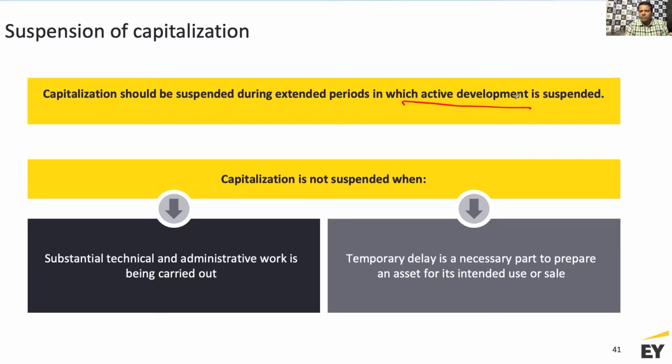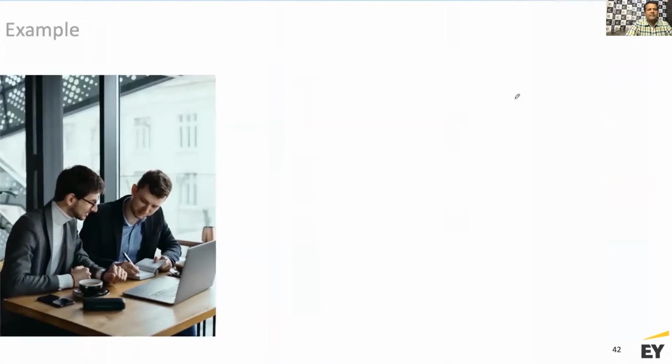If it is considered normal, part of the construction process, then you will continue to capitalize the interest. If it is not a normal disruption but an abnormal disruption, not part of the construction process, then you will stop capitalization of interest cost, right? And we will again try and understand this with the help of an example.